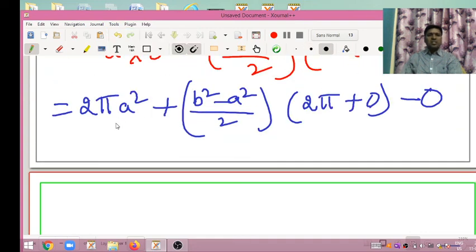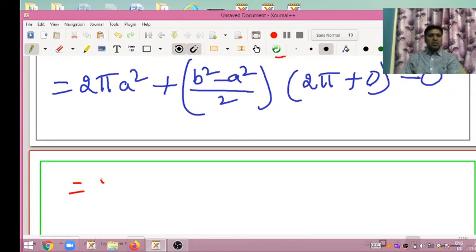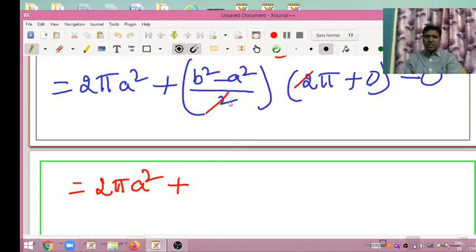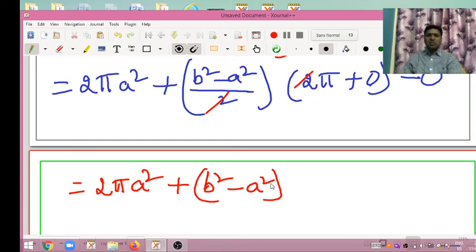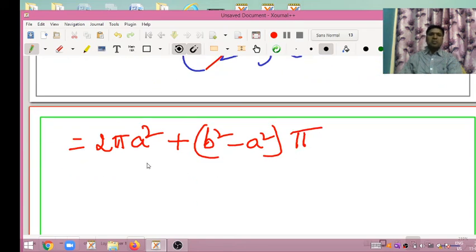See, what is this? This is equal to 2 pi a square, again plus 2 pi plus 0, the 2 gets cancelled. What is the common value? b square minus a square into pi is remaining. In both terms pi is common.